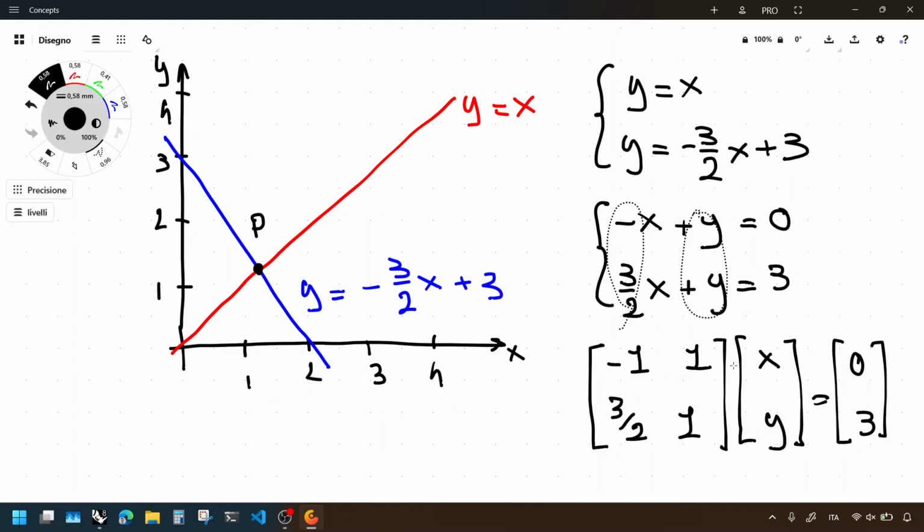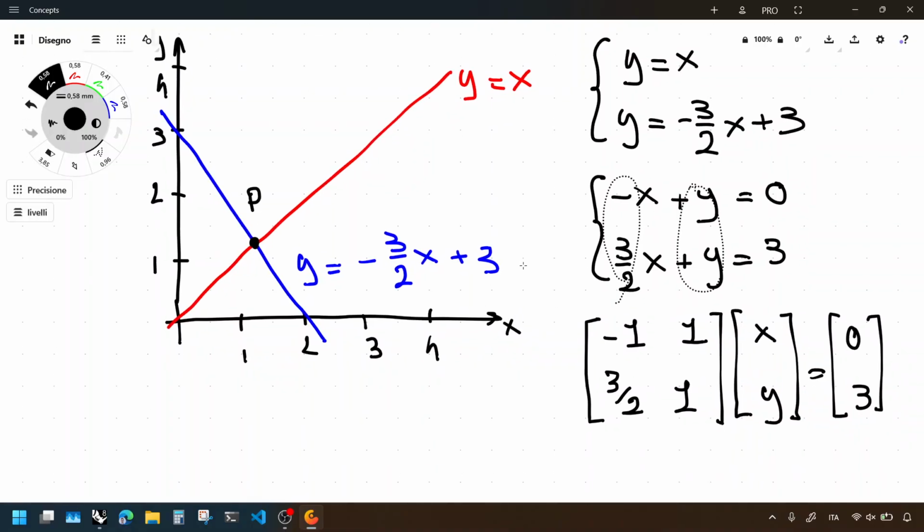And if you use the matrix multiplication rule as we did before for this matrix and this vector, you will get this same equation. So this is just another way of writing the same thing.